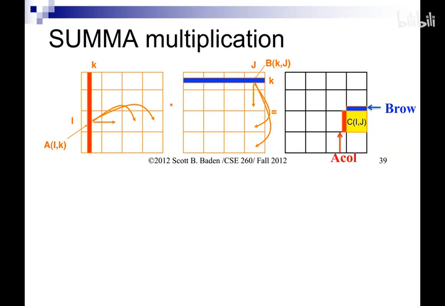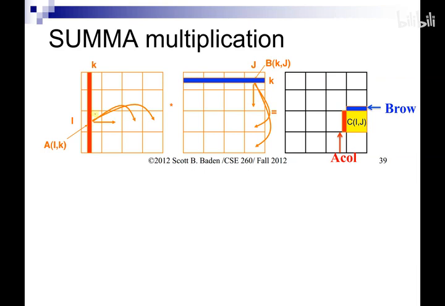If we're in the kth stage, only some of the processors are going to have the kth column of A and the kth row of B, right? Initially those columns are sitting on some of the processors, and these processors want to broadcast the values from this column or row to the other processors.